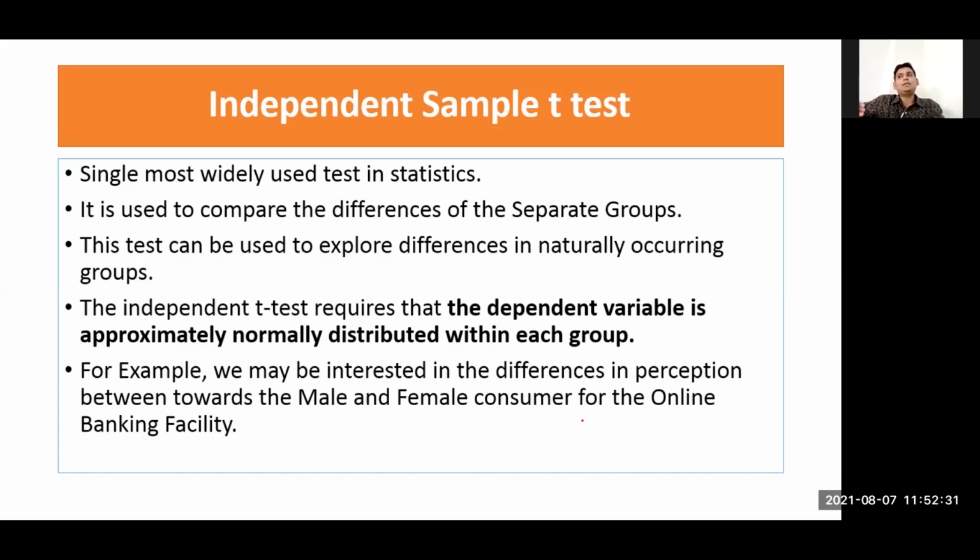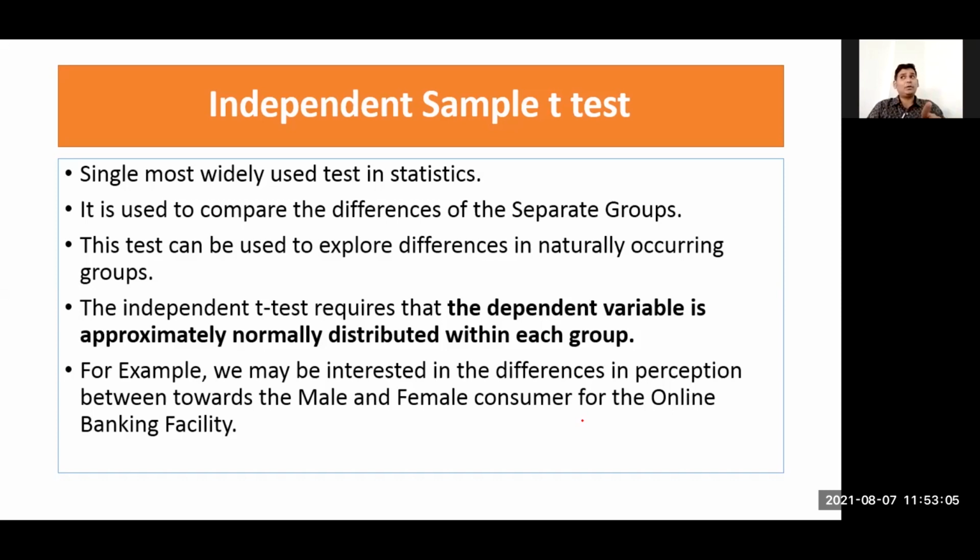Depending upon the educational qualification that the customer has, the facility usage is going to be different, because those who are highly qualified, who can understand the terminology and the technicality of the online banking facility, could be more associated with it as compared to those who are not highly educated in the market, right? The same thing can differ from male to female. Might be the perception of male and female is also going to be different.